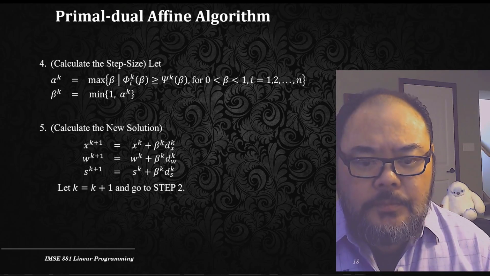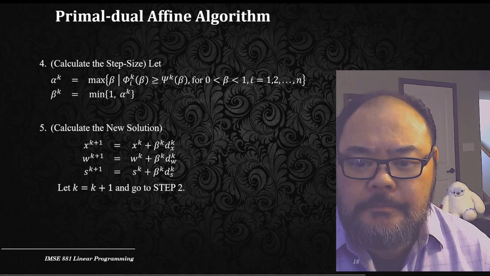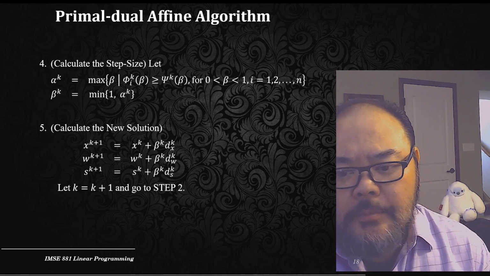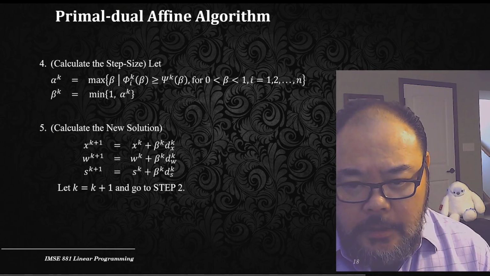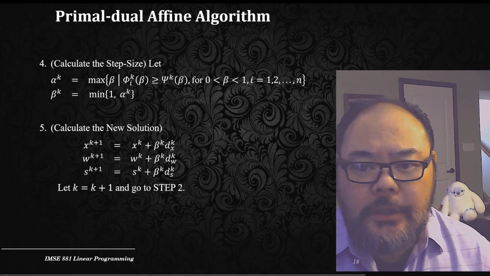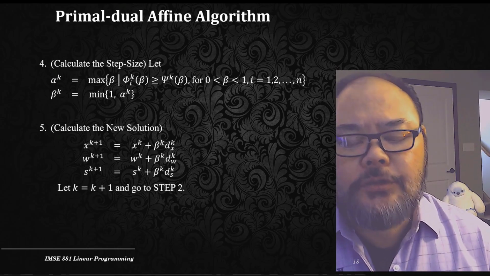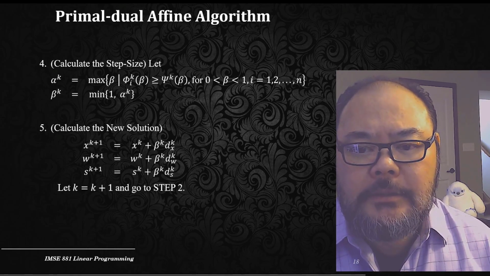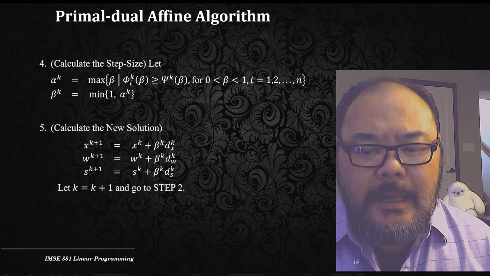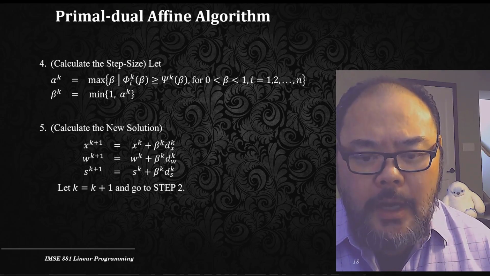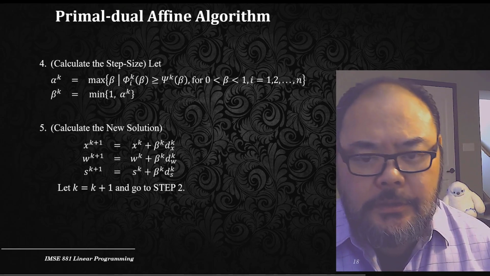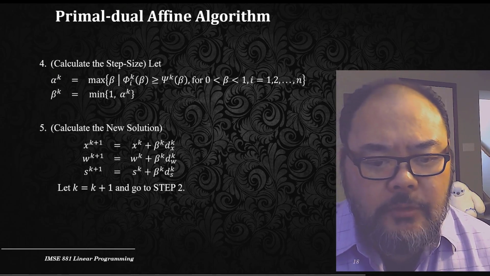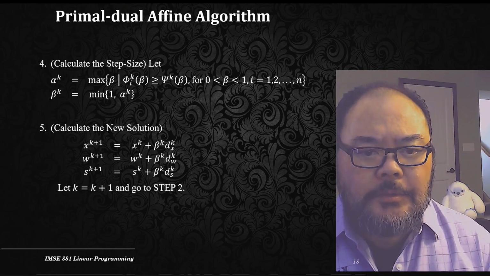So they always calculate the dual solution based on the current primal solution. The dual affine scaling method starts with a dual feasible solution and maintains complementary slackness by calculating the primal solution based on the current dual solution, until it reaches primal feasibility, and then you have the optimal solution.